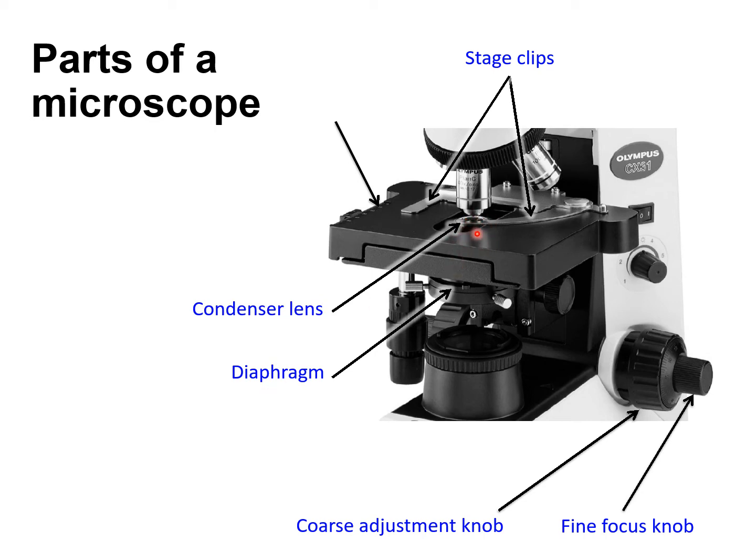The condenser actually has a lens right here. It's basically used to collect and focus the light from the illuminator onto the specimen, okay? And then we talked about the stage, and this is where you're going to place your specimen.